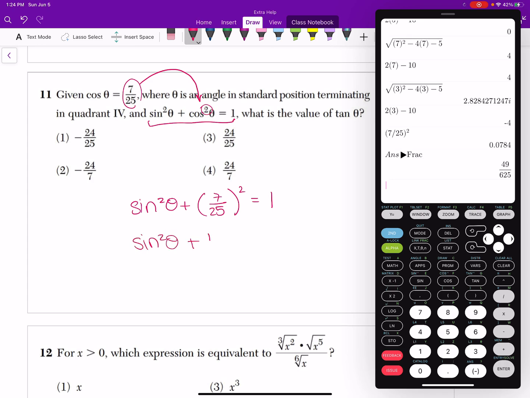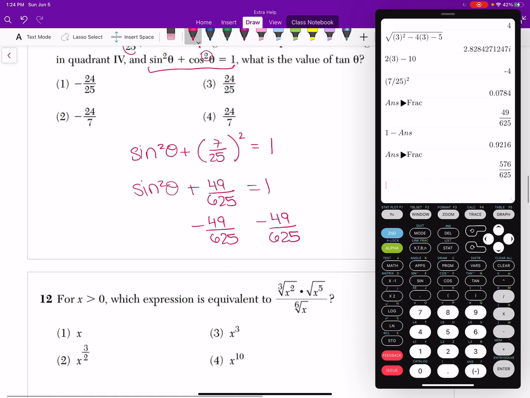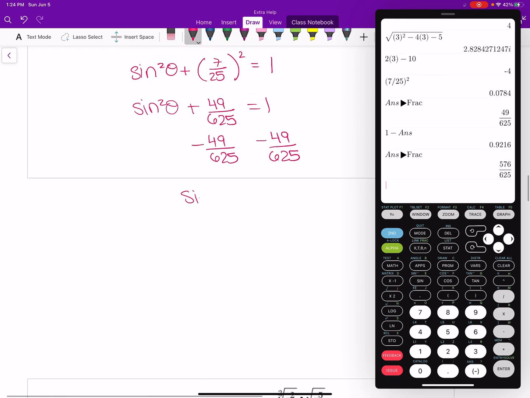It's a nice decimal. To get sine by itself, I'm going to subtract it over. Again, you can have it as a fraction. So that gets me sine squared equals 576 over 625.